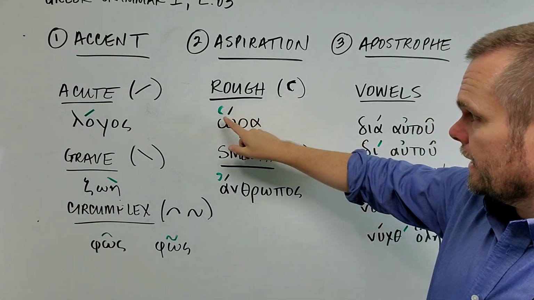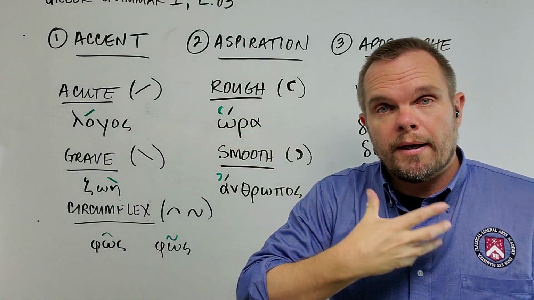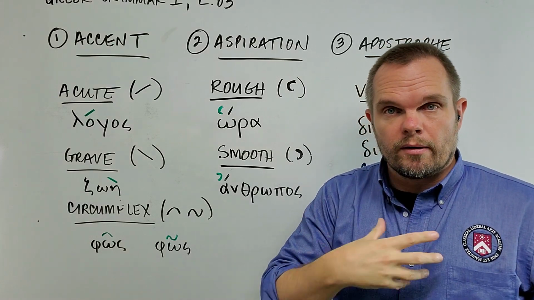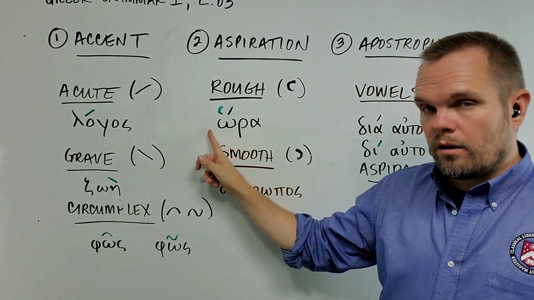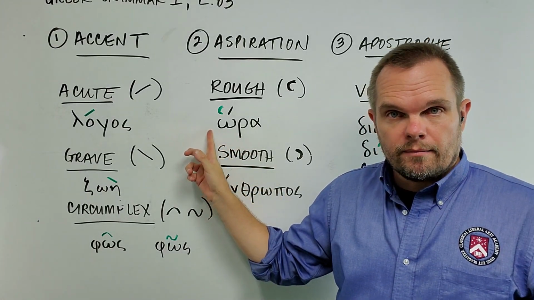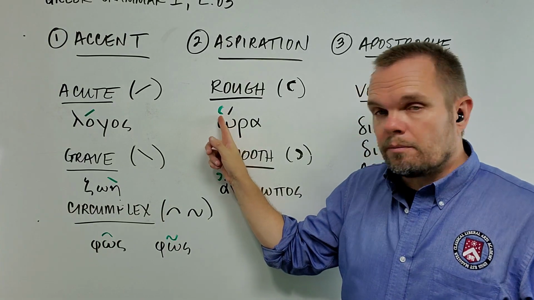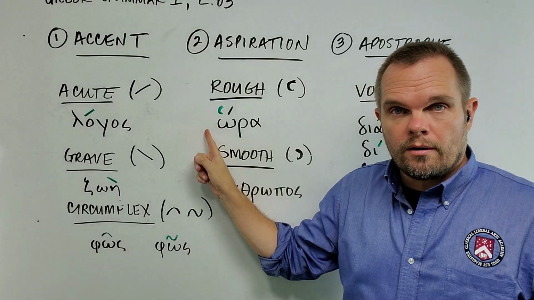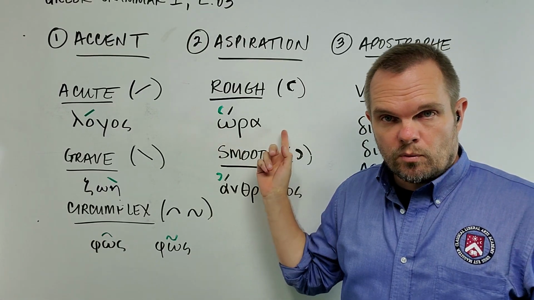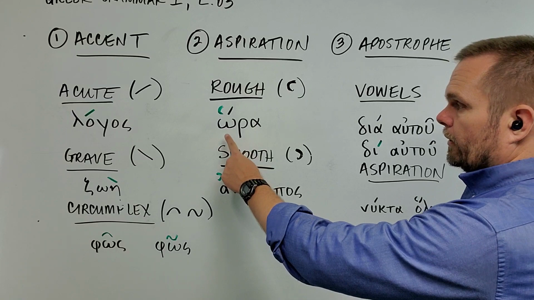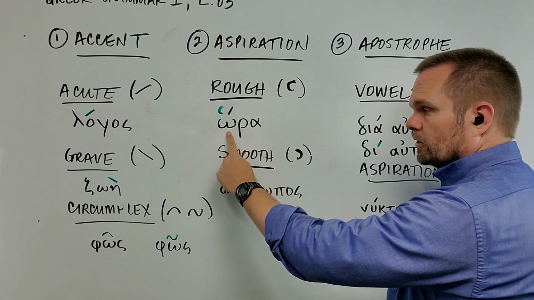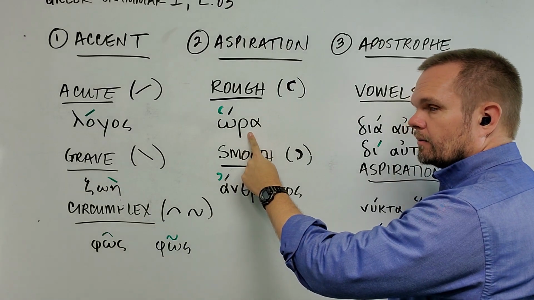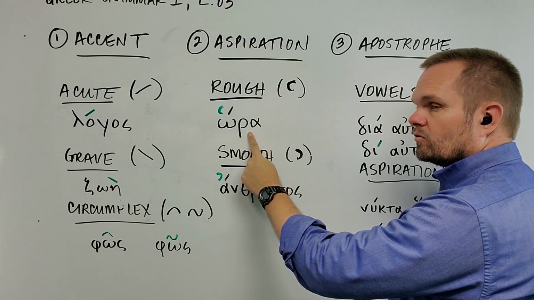Whenever we see that rough breathing mark, we make the sound of the letter H, that rough breathing or aspiration, before that letter. So that mark above the letter tells us we're going to add aspiration before that letter when we say this word. Let's look at this word. We have an omega, which makes the sound o. We have rho, which makes the sound r.